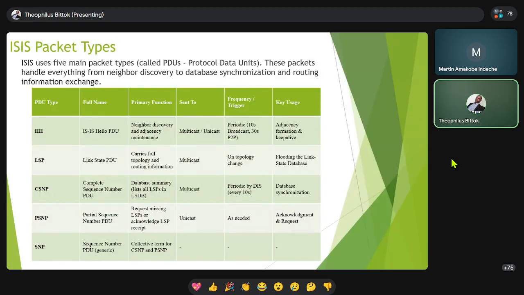Now the PSNP is like a subset of the CSNP, and I can give an analogy. Let's say a CSNP is a library catalog.